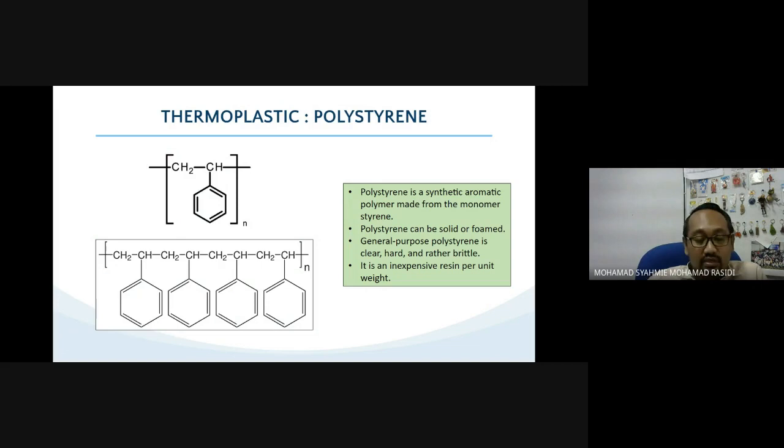For example, when you buy a new television, they put polystyrene to protect it and absorb any energy of impact that occurs. It fills the box, and it is very big. However, it is still light. That's why we call it an inexpensive resin per unit weight.